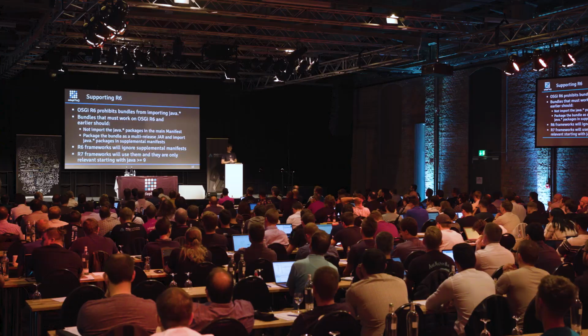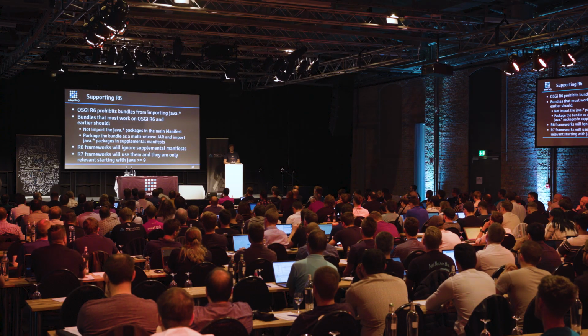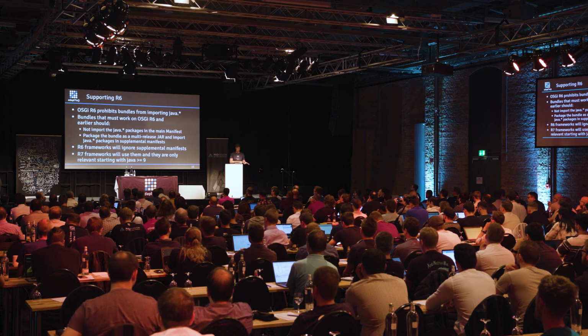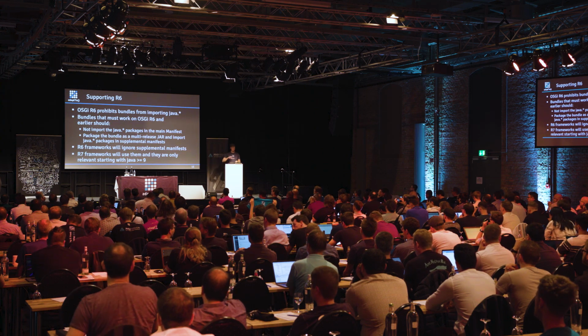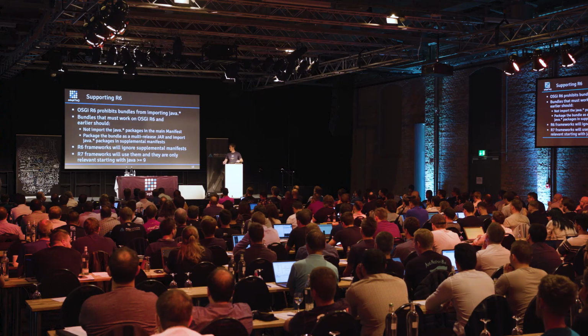So the trick is, if you're in that situation, you probably want to make it a multi-release jar and push your Java imports down into the supplemental manifest, so that they get ignored by R6 frameworks because they don't know about multi-release jars. And for R7 frameworks, it just works, with the exception that they're not available before Java 9, but that doesn't matter because the whole idea was we need them for Java 9 and above.